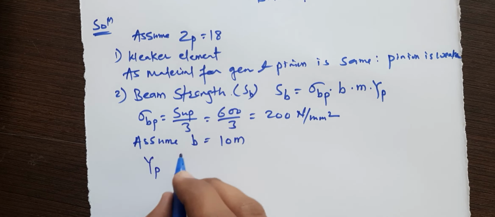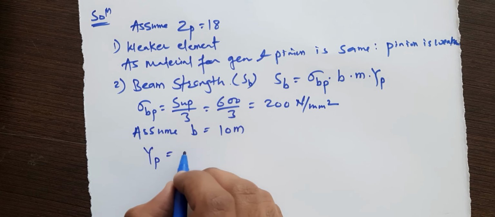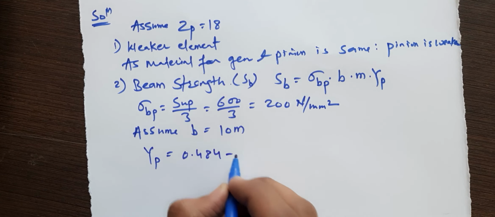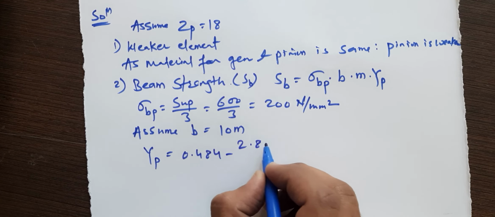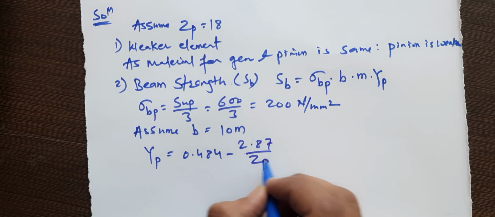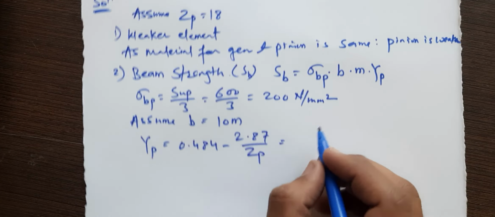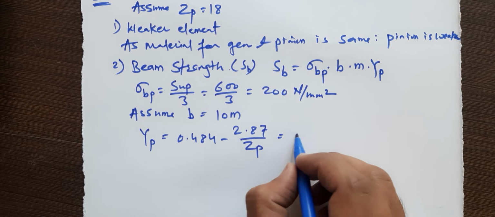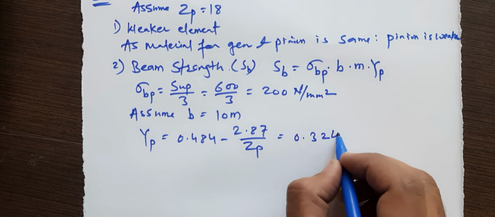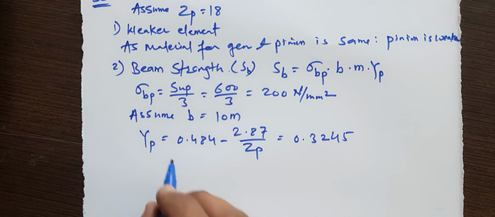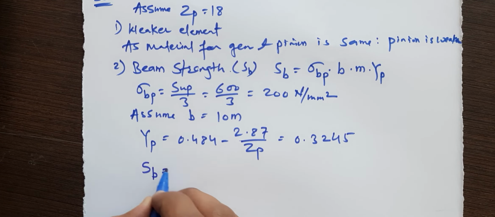Then sigma B, M is M and YP. For a 20-degree full depth involute system, the Lewis form factor Y is 0.484 minus 2.87 divided by ZP. Here ZP we have assumed as 18, so you can put the value of ZP here. You will get YP as 0.3245. Now after getting all these values, you have to put them in the formula of SB.